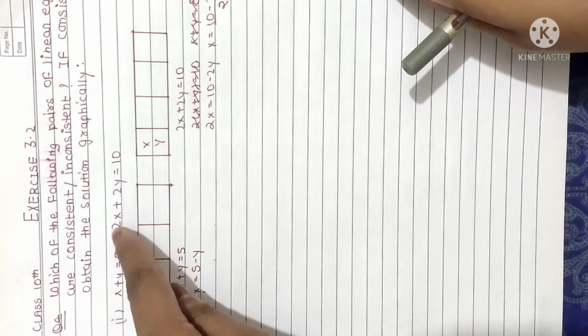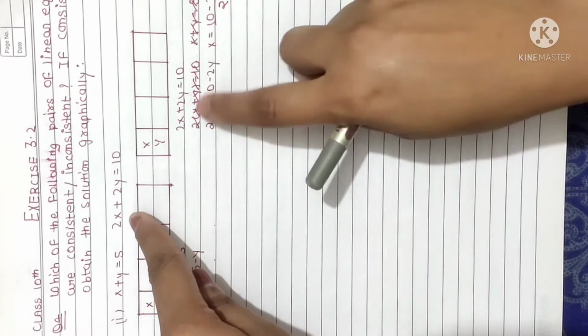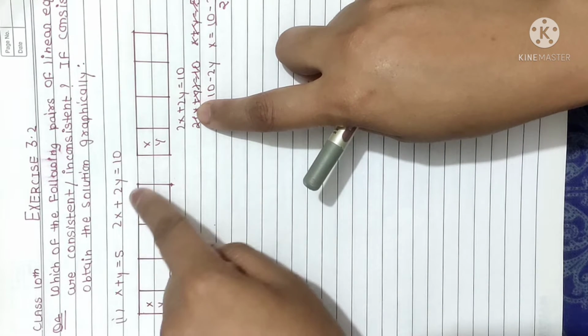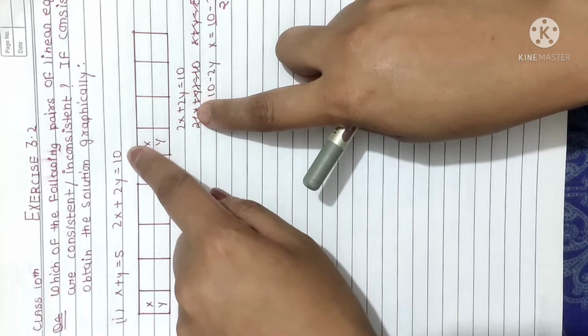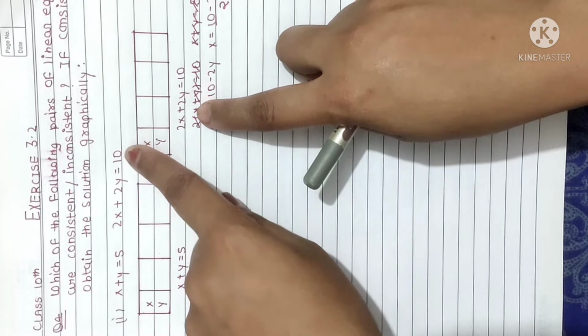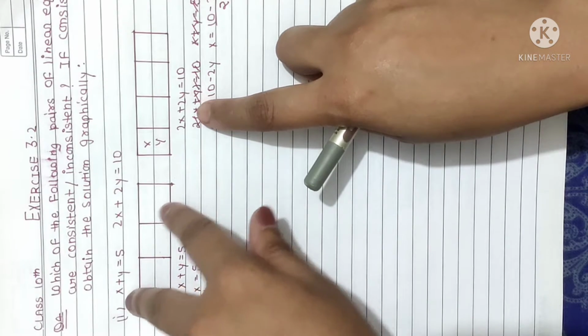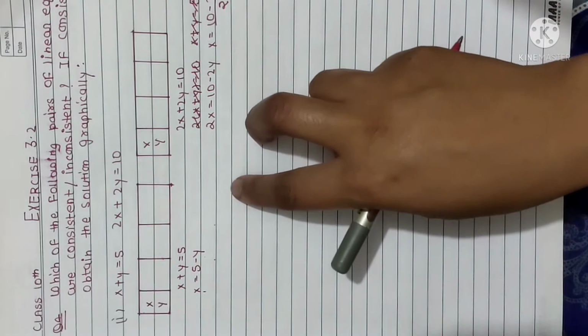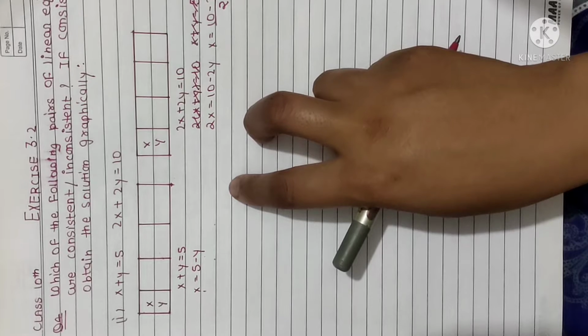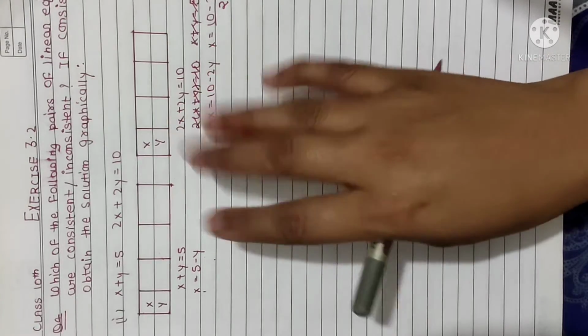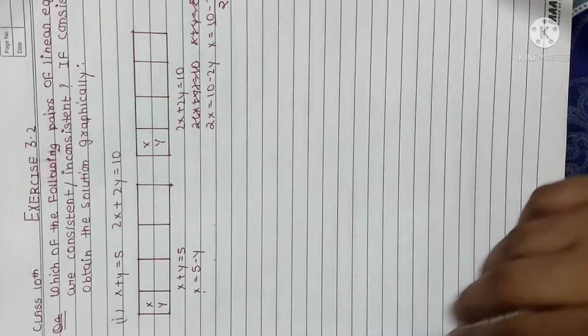Because when you take 2 common from the second equation, it will be x plus y, then 2 will go to the denominator of the 10, and after cancelling it will be 5. So both equations are equal, and when both equations are equal, their corresponding ratios will be the same. If corresponding ratios are the same, then the lines will be coincident lines, right? So it is also clear from these two equations.